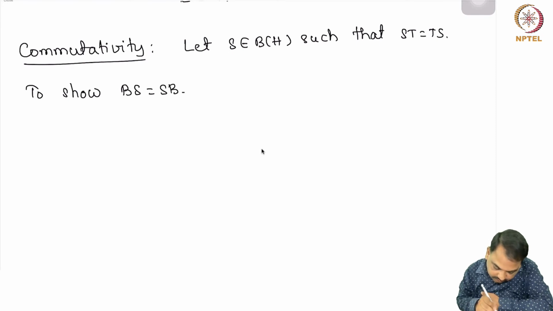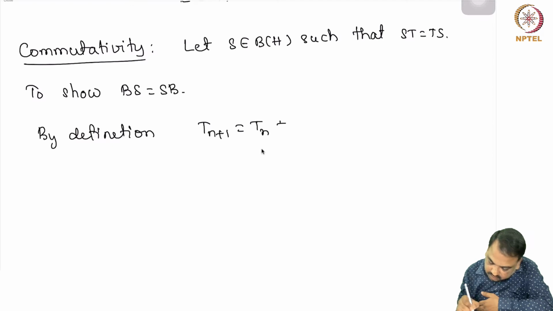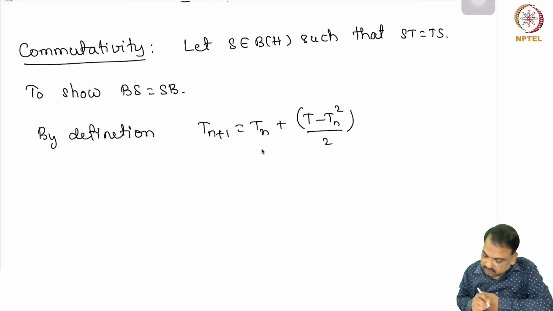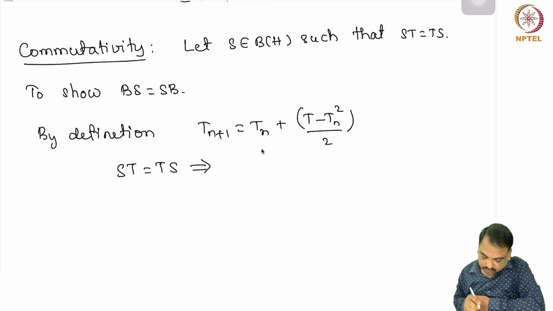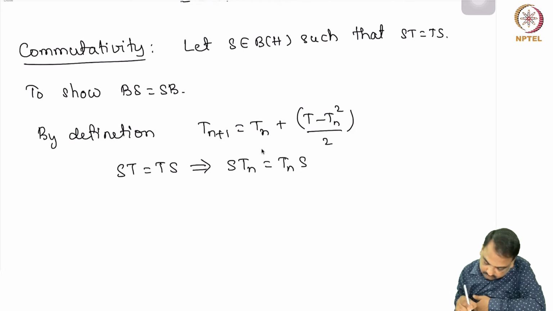By the definition of Tn plus 1, we know that Tn plus 1 is Tn plus T minus Tn square by 2. S commuting with T implies that S commutes with Tn for every n. This can be shown by induction.